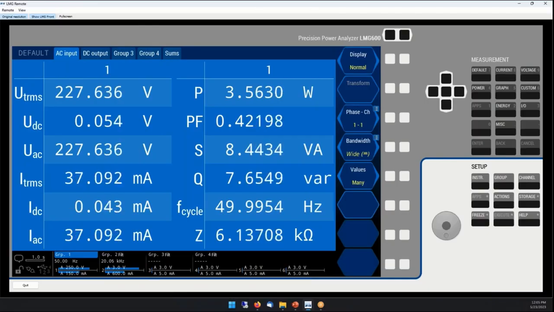Another question, Sergio, is what happens to the voltage and the current synchronization when an external current clamp is used? Yeah, there you naturally have some delay, and current clamps are specified not only on their accuracy in terms of amplitude, they also have specifications on the maximum delay they can introduce.